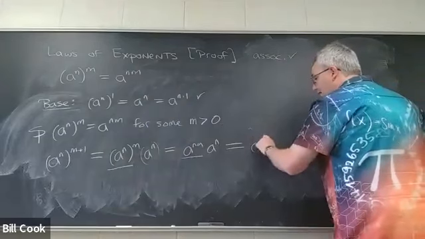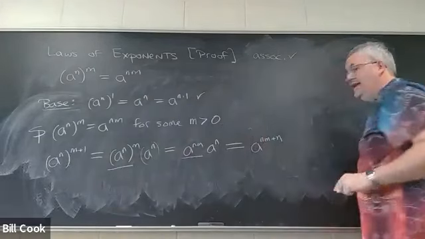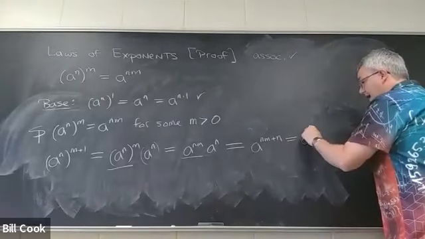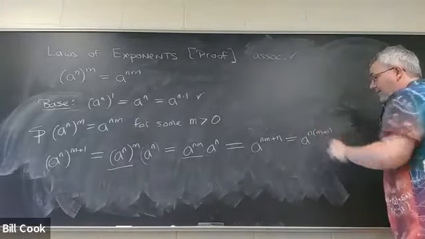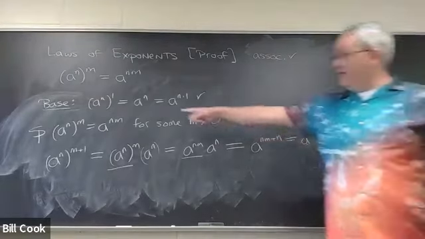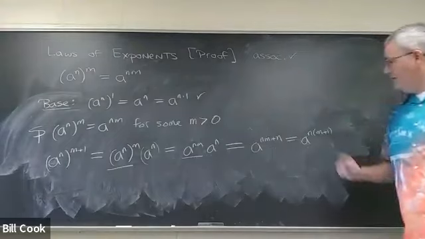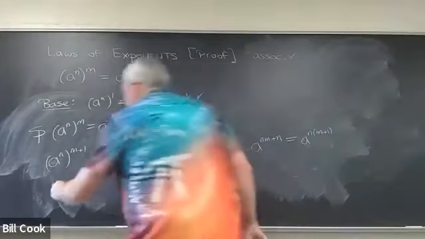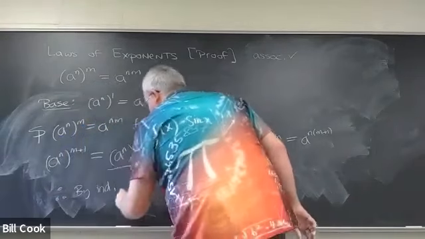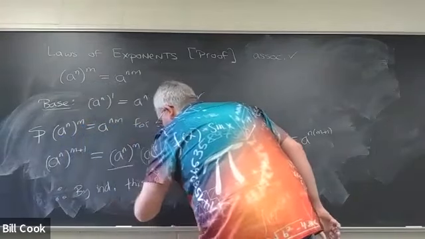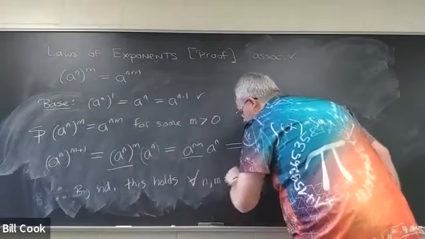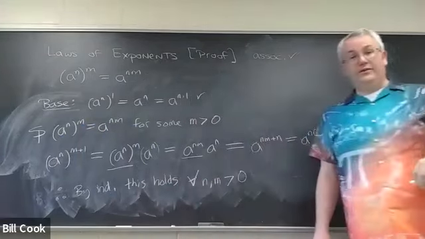And so this is a to the nm plus n. And then if we rewrite that, that's a to the n times m plus 1. Okay. And so what have we just shown? We've just shown that if this holds for m, it holds for m plus 1. And so therefore, by induction, this holds for all n and m that are positive integers.